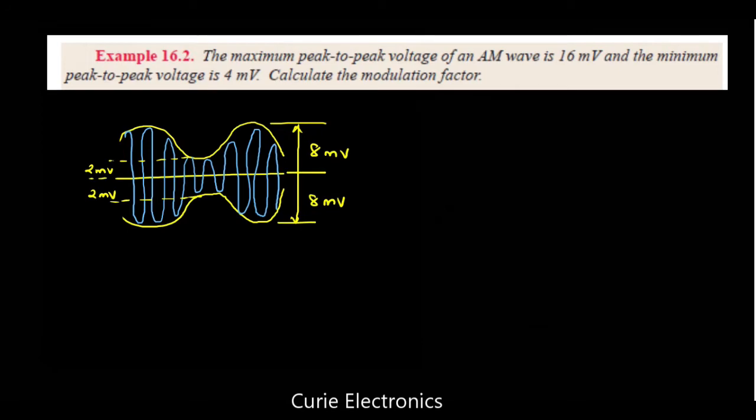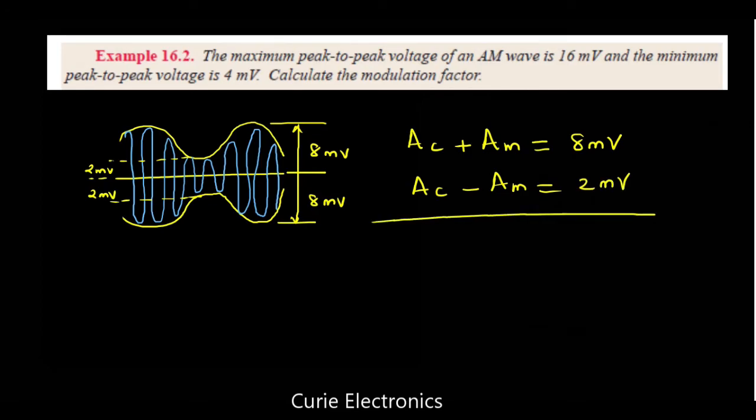Now we have to calculate the modulation factor. What is our maximum peak value? That is AC plus AM, which is equal to 8 millivolt. What about the minimum peak value? That is AC minus AM equals 2 millivolt.